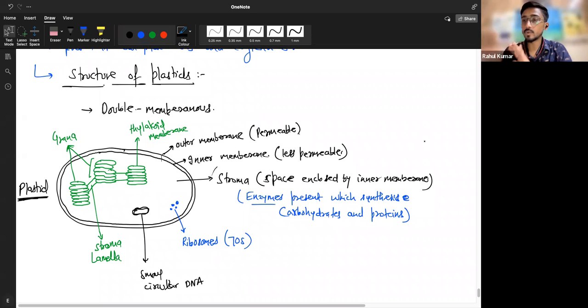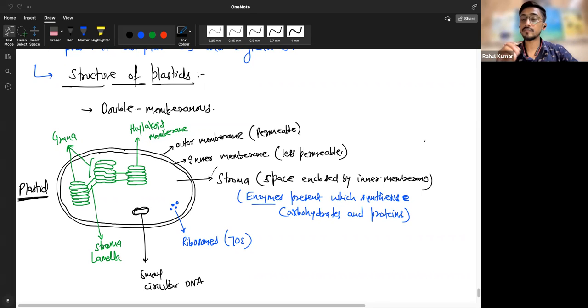So scientists named those processes dark reactions, but it's not that it only happens in the dark during the night. It happens both in the day and in the night, but it is independent of light energy. A better name according to me would have been light dependent reactions and light independent reactions. But scientists named them light reactions and dark reactions.